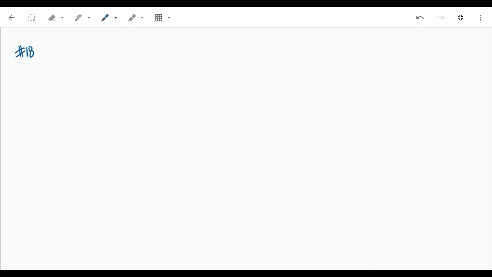This one says, show that the line integral is independent of a path and evaluate the integral. Okay, so integral over C of sine y dx plus x cosine y minus sine y dy.